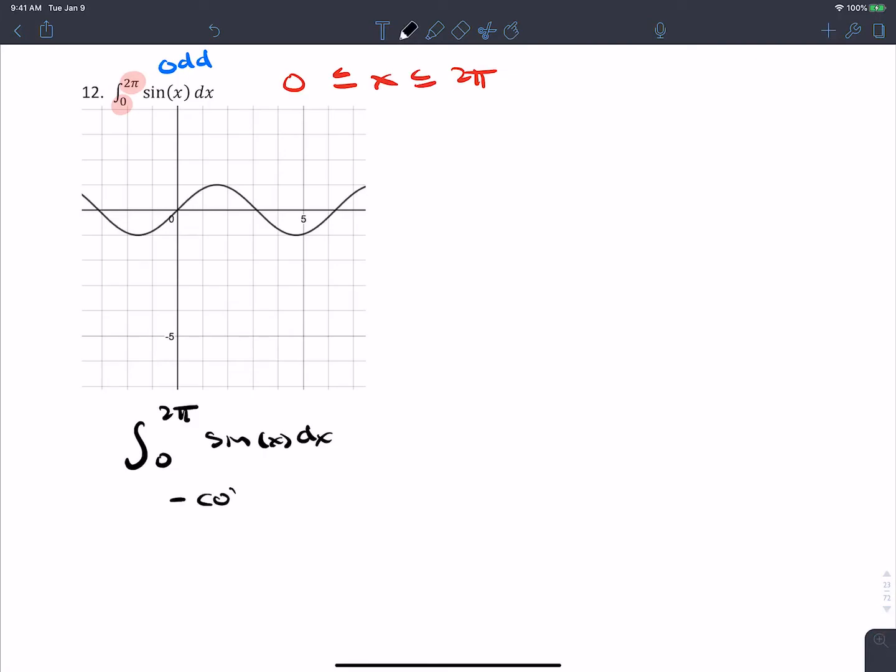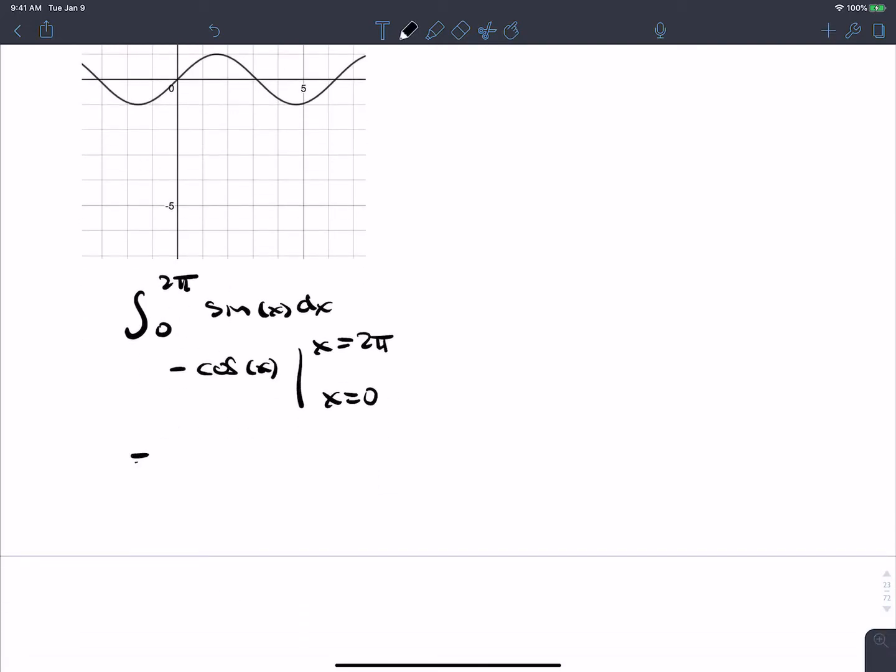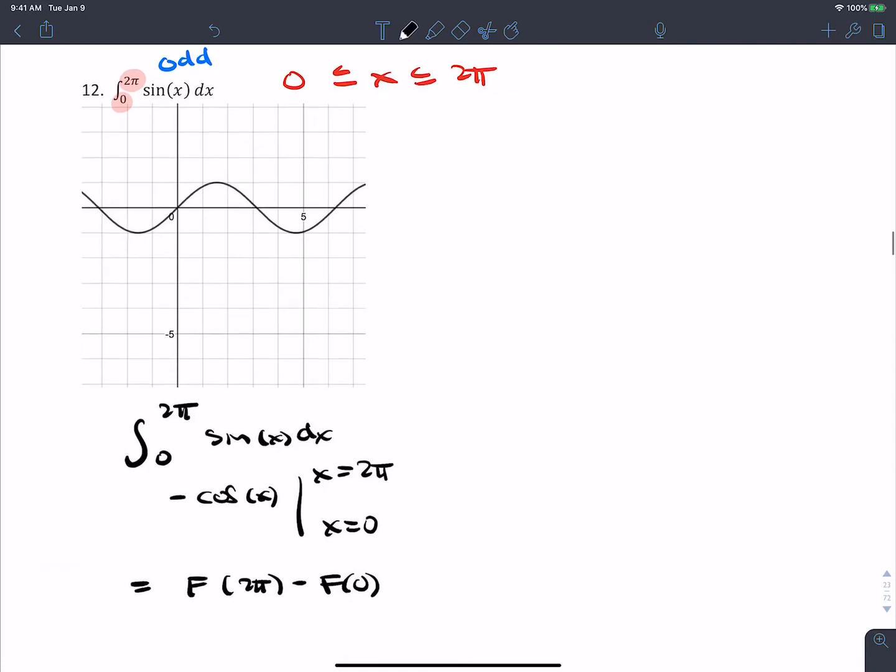Well, that's minus cosine x, from x is 0, x is 2 pi, which will be, remember this, f of 2 pi minus f of 0. Let's go back up here, which is minus cosine 2 pi minus cosine of what? 0.